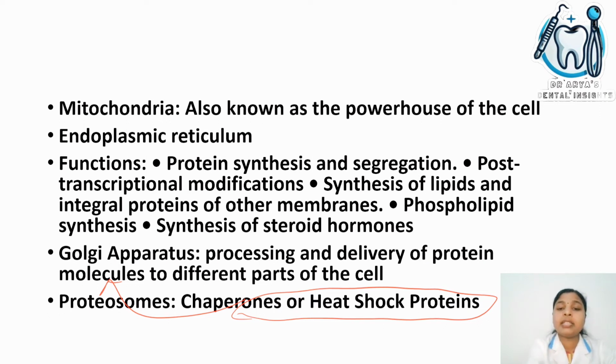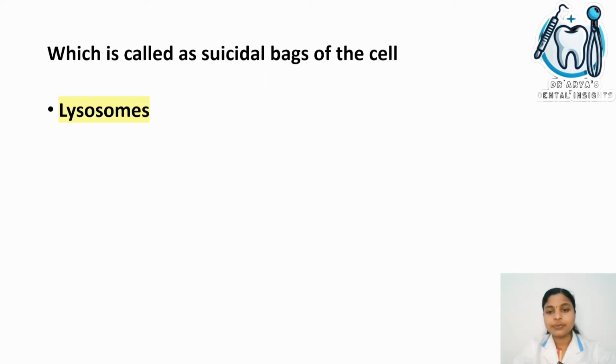Also the important question: post-translational modification is seen in endoplasmic reticulum, and the powerhouse of the cell is mitochondria. So the correct answer is lysosomes. They are called suicidal bags of the cell, and they have the thickest covering membrane among all the organelles.